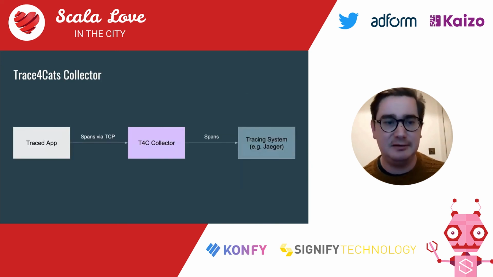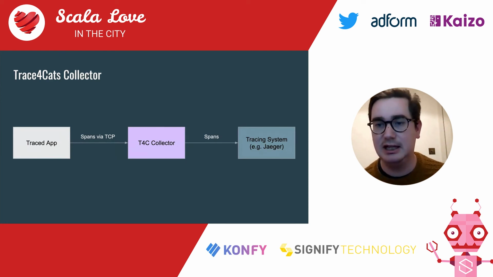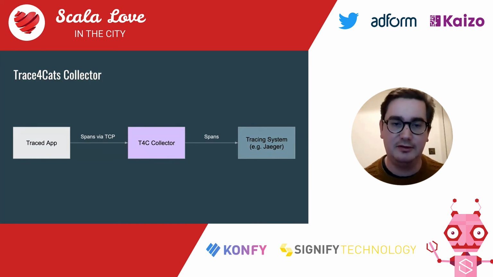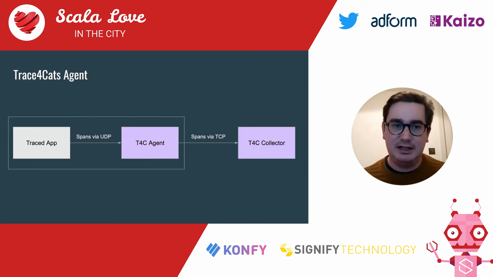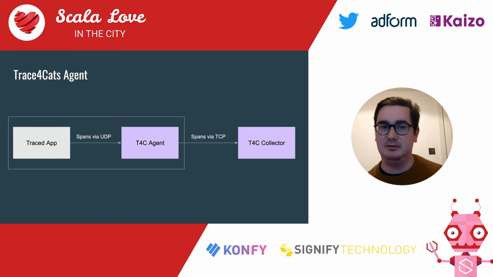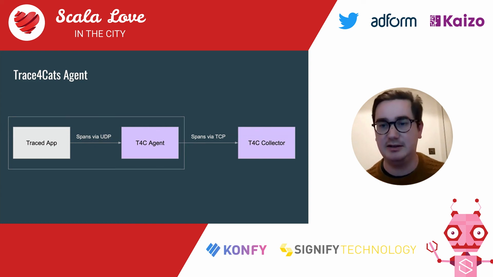And then there's the collector, where you can send from a traced app to the Trace4Cats Collector. And the collector can then do things like sampling and filtering sensitive attributes, and then forward those spans on to a tracing system. Alternatively, if you don't want to send to a collector because there may be some kind of resource contention, you can deploy the Trace4Cats agent that simply forwards spans on to the collector.